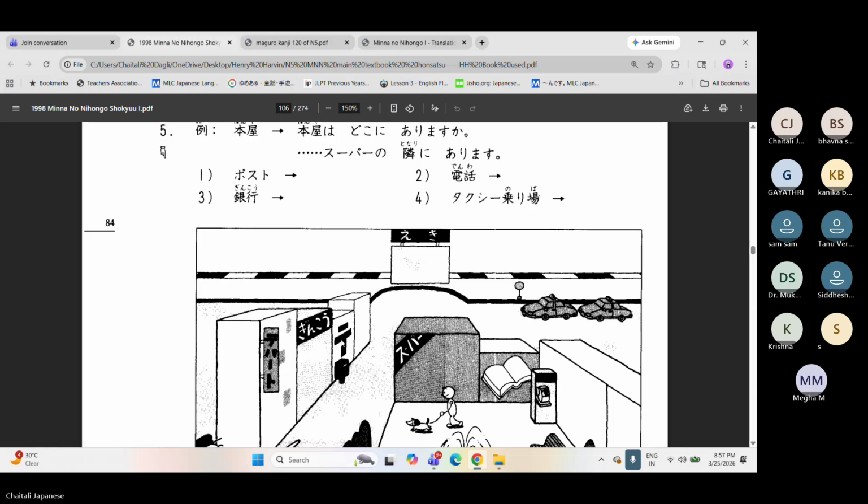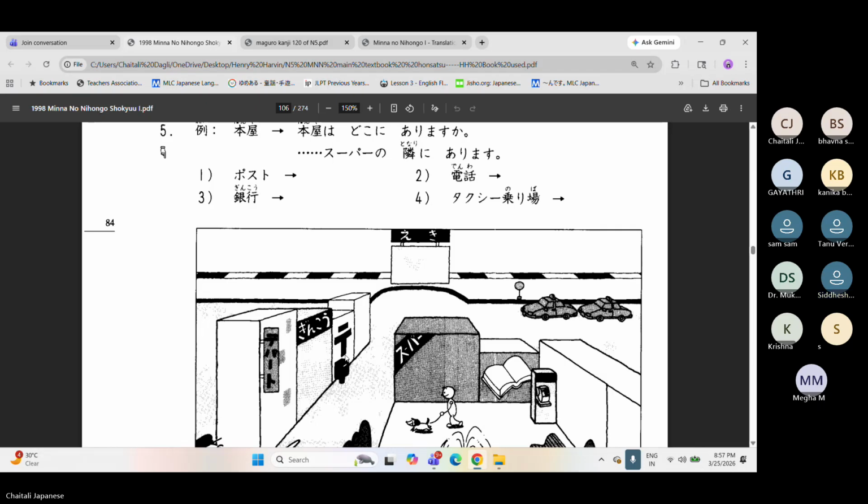Yubinkyoku. Posuto. Yubinkyoku no mae ni arimasu. The post box is outside the post office. Or else you can say ginko no tonari ni arimasu, next to the bank. Ma'am, do we need to explain left or right side?